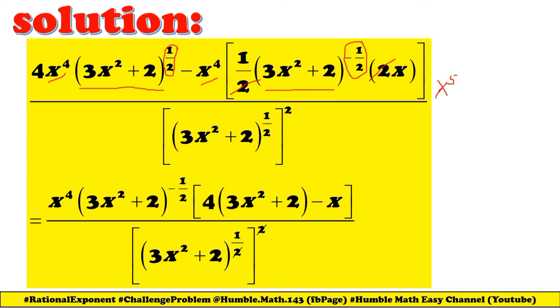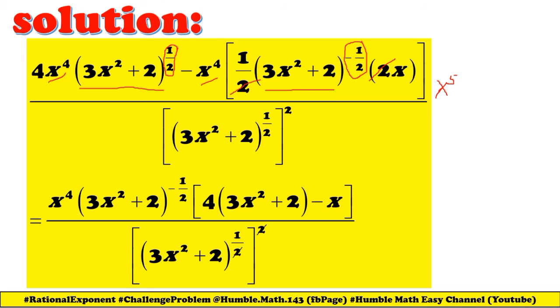Since the 1/2 and -1/2, the lesser value is -1/2, so that is the common factor given from the expression. So what we have now is the quantity 3x squared plus 2, quantity raised to -1/2. We remove that one and make that our first common factor.